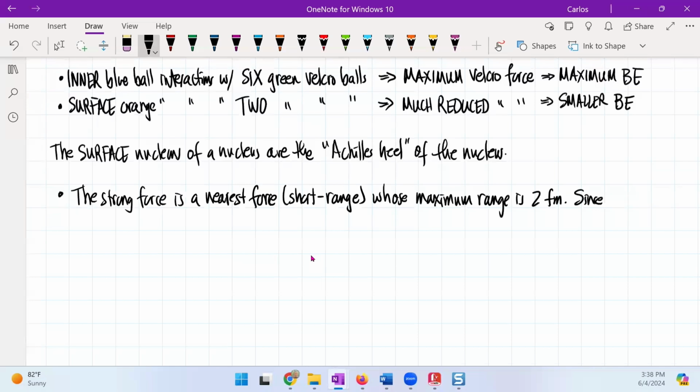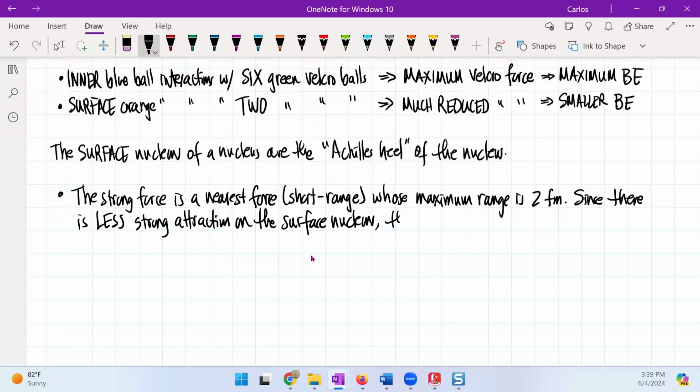Since there is less strong attraction on the surface nucleons, these are weakly bound.